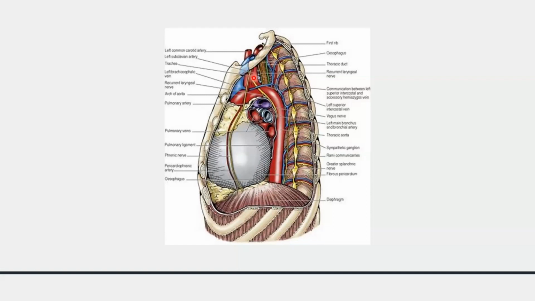Here, the vagus nerve continues in the posterior mediastinum. And there's a main branch here, the recurrent laryngeal nerve. On the left side, it crosses from below the aortic arch.